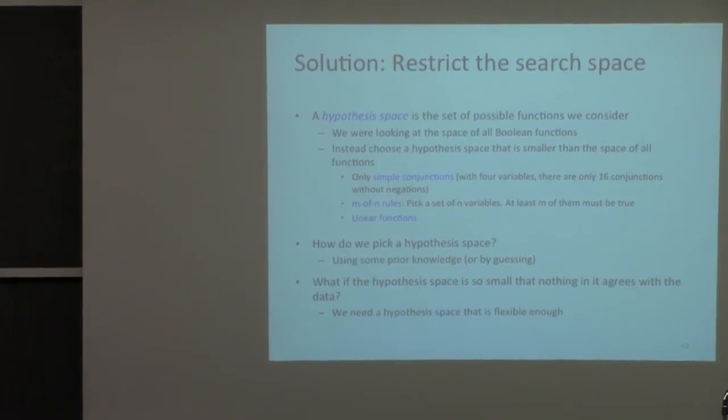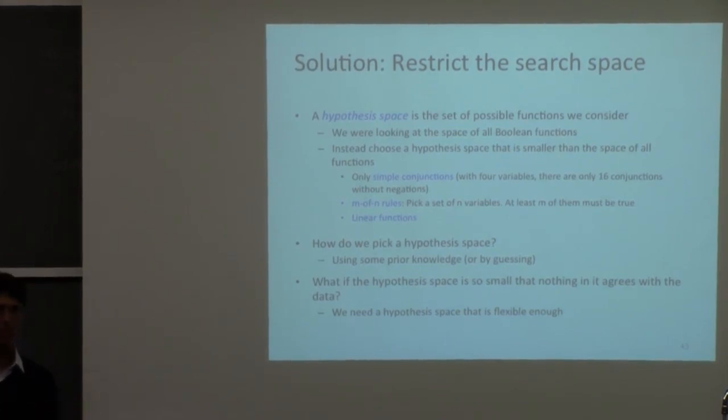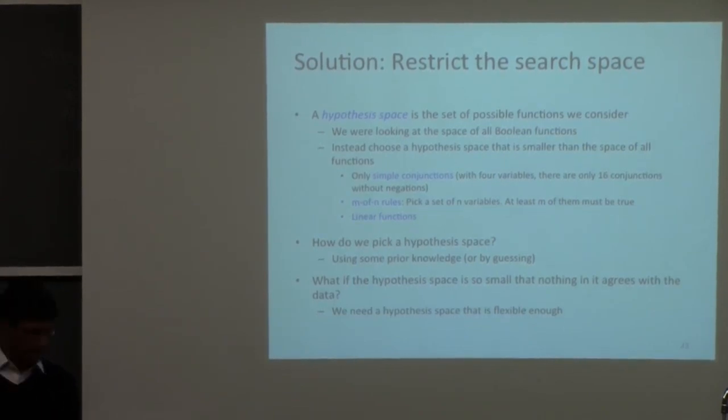I pick a hypothesis space, I stick to it, but I only give you the one that is most correct. Another strategy is to develop flexible hypothesis spaces, something that you mentioned. Coming up with a hypothesis space that can shrink and grow as you need. And we'll see examples of both of these eventually.